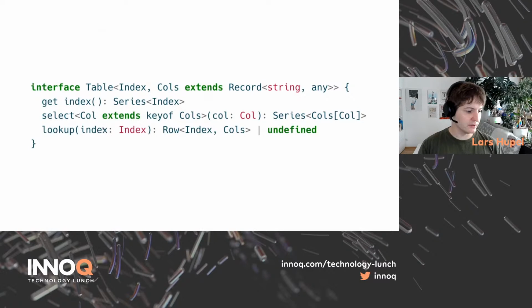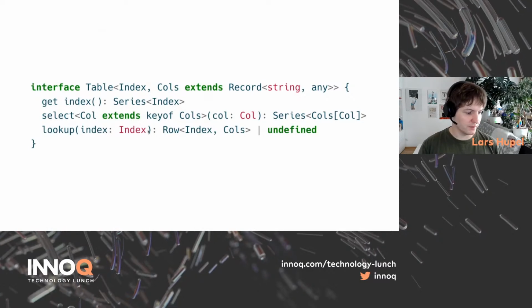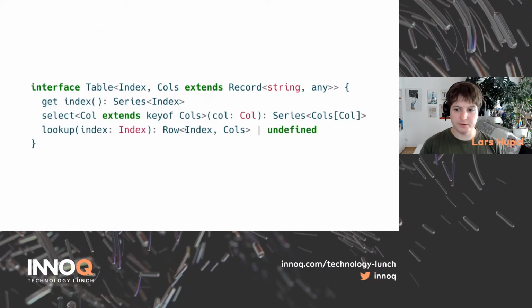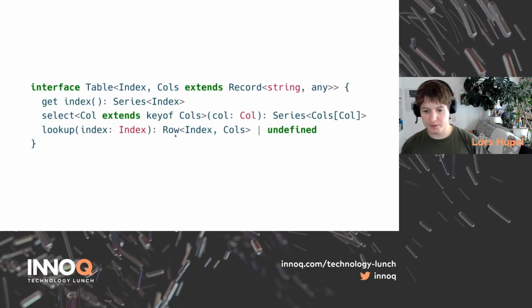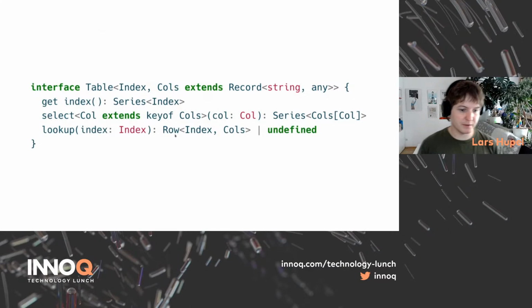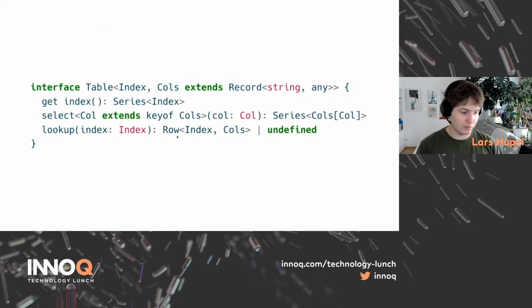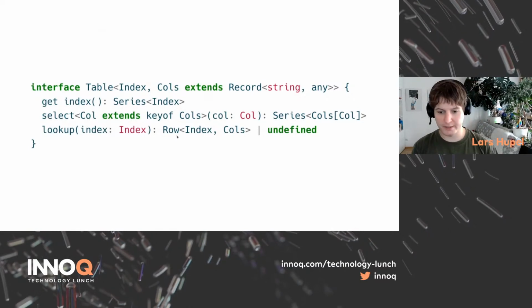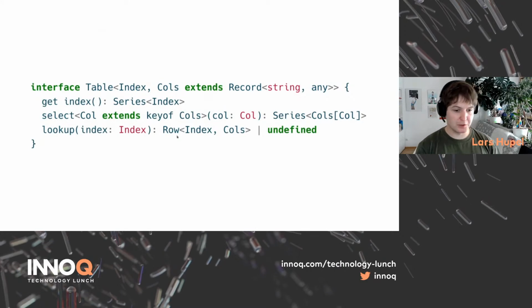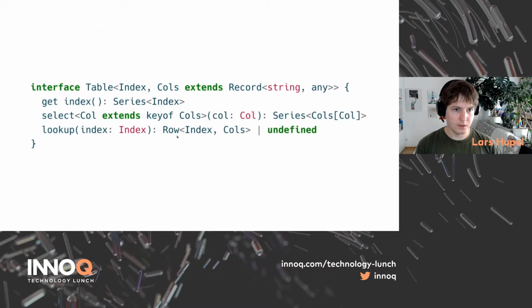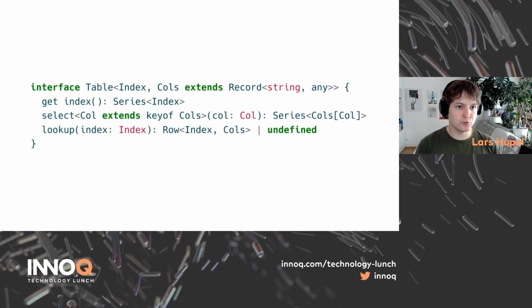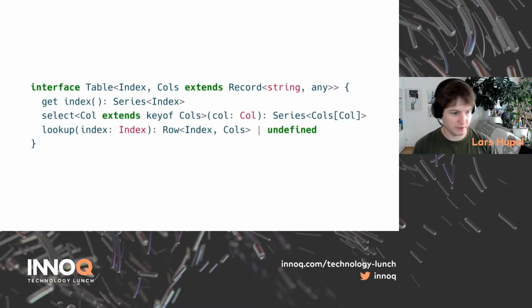So we just take a row index with that index parameter, and we return a particular row. Now, Row is also a dedicated interface that I implemented. You could also just return the raw object type if you wanted to, but just for pedagogical purposes, I also split it out. Okay, so you still haven't seen the implementation, actually.